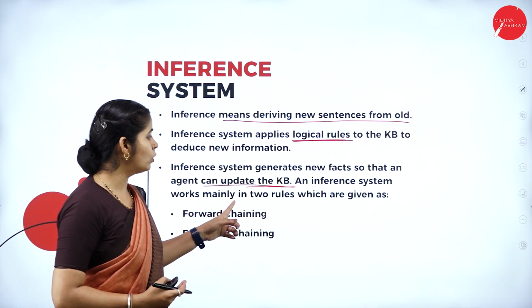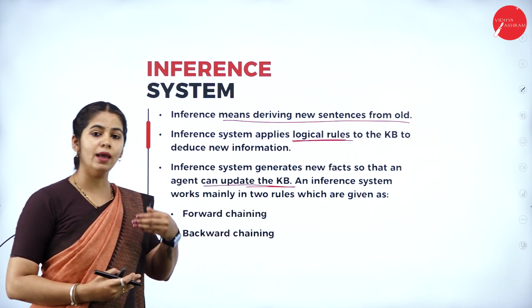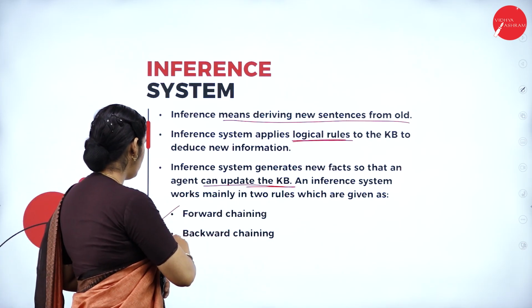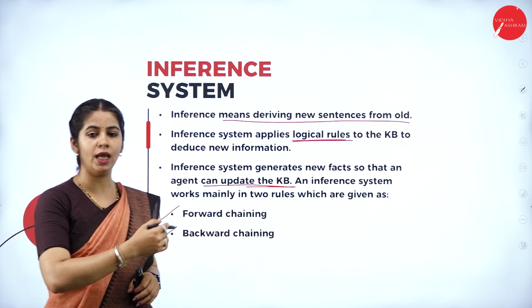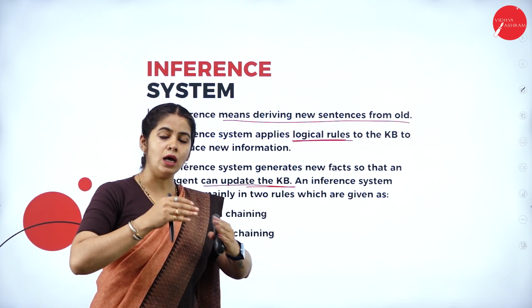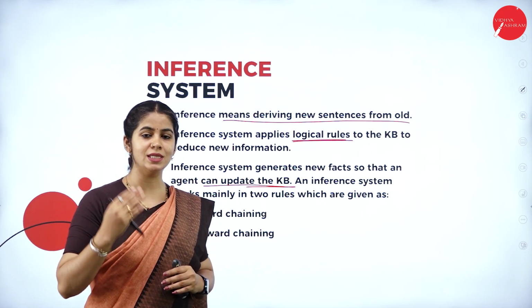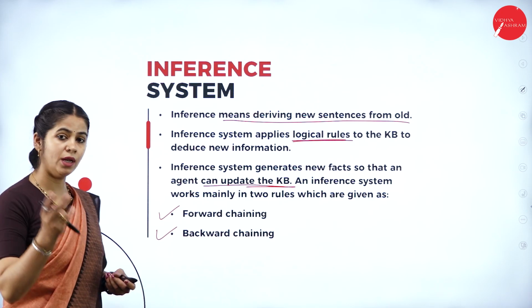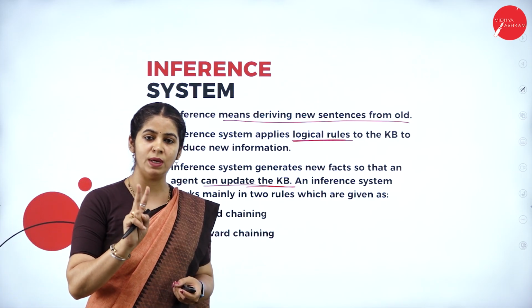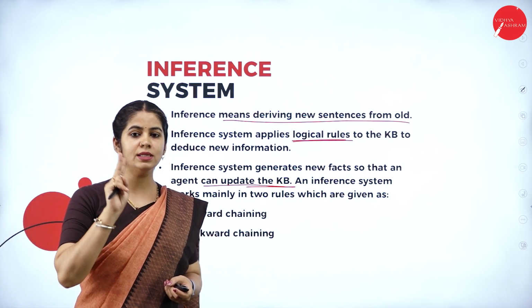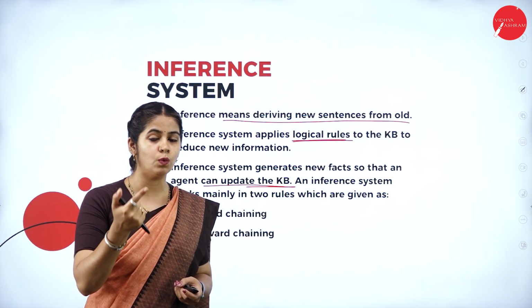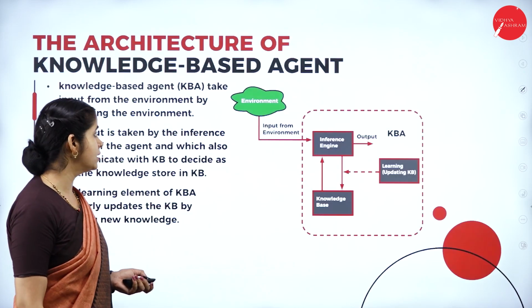There are two main methods for providing the inference: one is forward chaining and one is backward chaining. Forward chaining and backward chaining will be the last topic of this module. We'll discuss them in further sessions. Now concentrate on the inference system. There are two main parts in the knowledge based agent, that is the knowledge base and the inference system. We have discussed what a knowledge base is and how the inference works with the knowledge base.